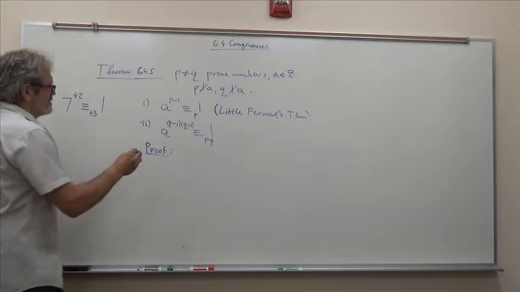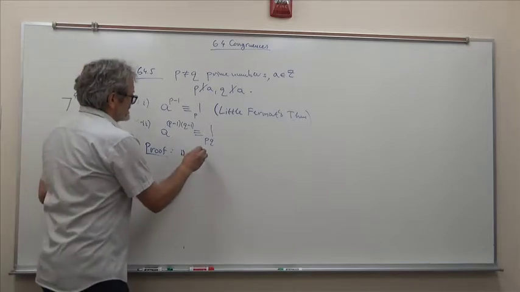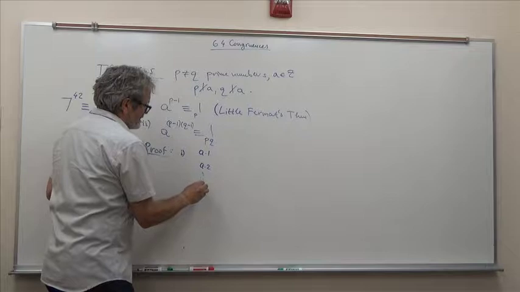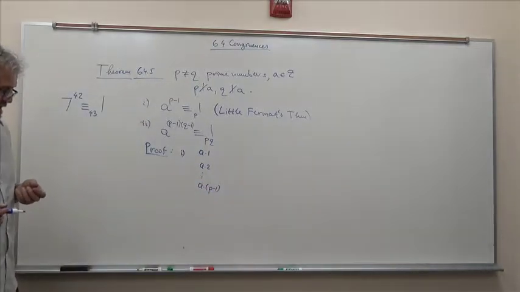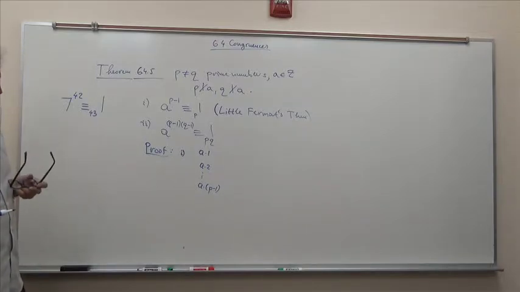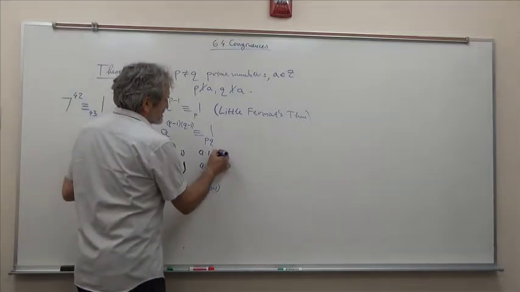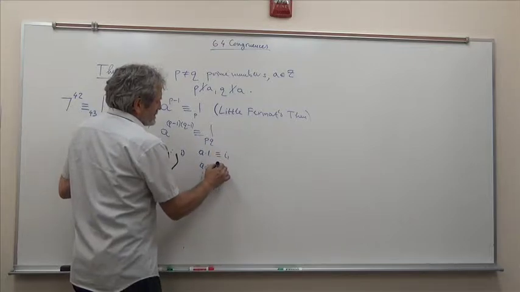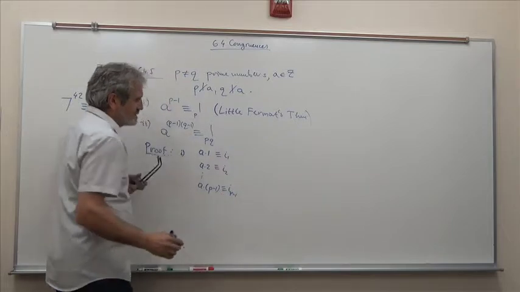What is the idea of the proof? Let me look at the numbers a times 1, a times 2, up to a times p minus 1. It's not maybe obvious, but it's fairly easy to prove that each of them is congruent with a different number: some I1, I2, up to I(p minus 1).